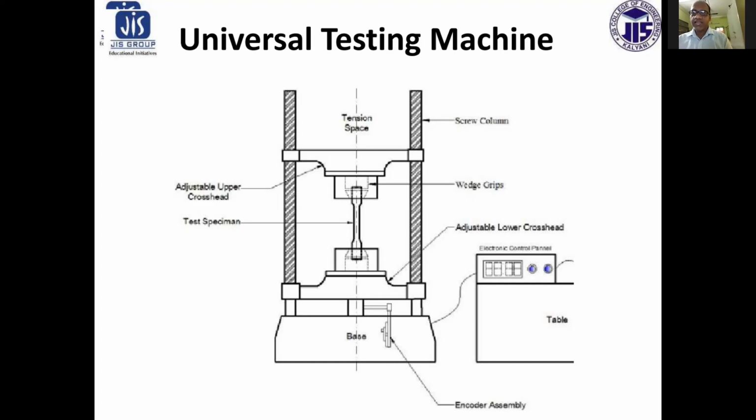It is connected to the electronic control panel. There are two jaws: the adjustable upper crosshead is fitted with the upper jaw, and the adjustable lower crosshead with the lower jaw. In between the jaws, the test specimen is held for the tensile testing, as shown in the figure.